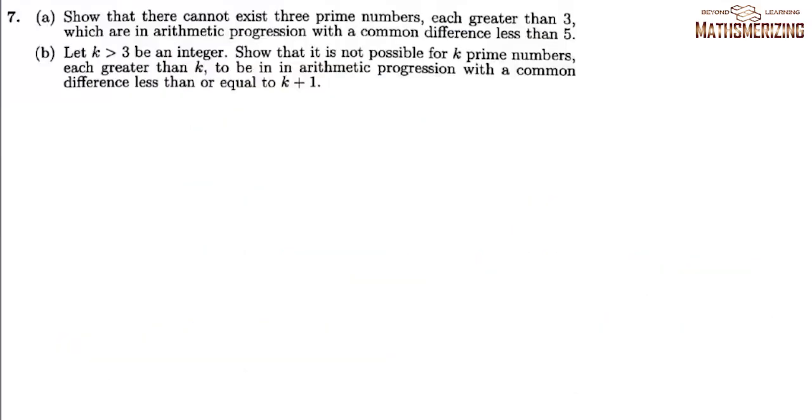Now question number 7 is, show that there cannot exist 3 prime numbers each greater than 3 which are in AP with a common difference less than 5. Now suppose these 3 numbers are a, a plus d, a plus 2d, where a is greater than 3 and d is less than 5.